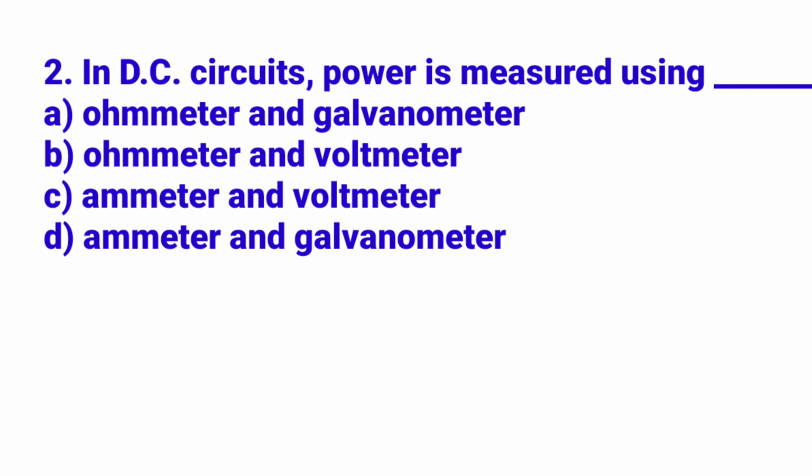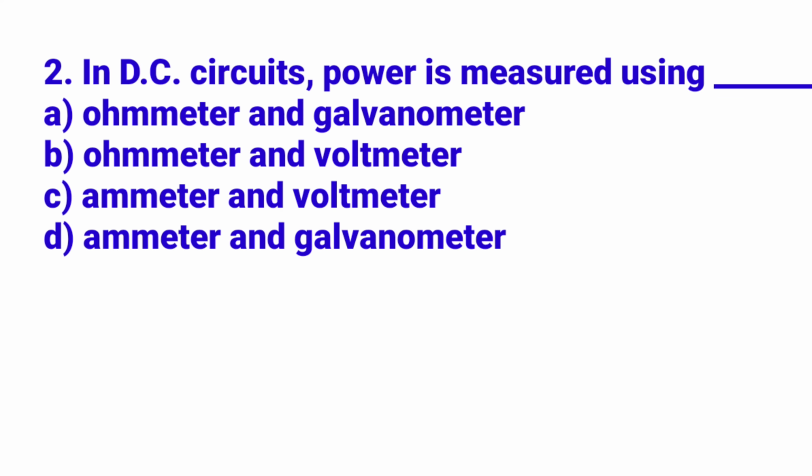Coming to the second one: in DC circuits, power is measured using A ohmmeter and galvanometer, B ohmmeter and voltmeter, C ammeter and voltmeter, D ammeter and galvanometer.